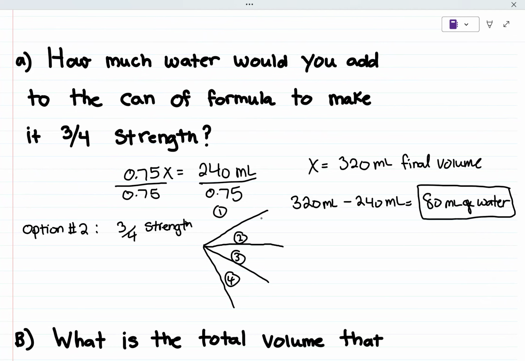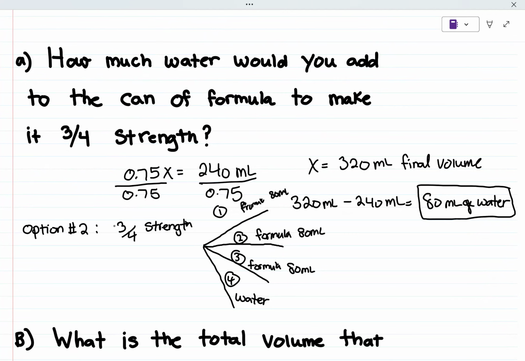Formula one has 80 milliliters, formula two has 80 milliliters, formula three has 80 milliliters, and then option four is water. So you still get the same answer.